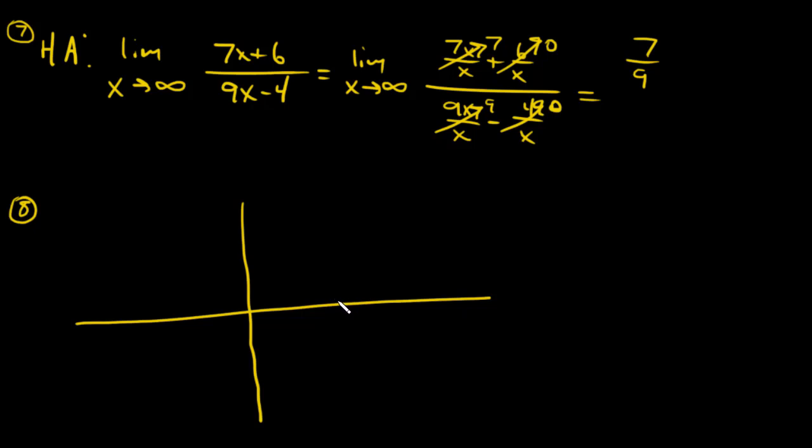Let me make this one 1 over here. I don't want to make that one 1 because I want to have a little bit of room. I'll make that one 1. All right, so 4/9. It's somewhere around here. And then my horizontal asymptote is at 7/9. So it's somewhere like that.